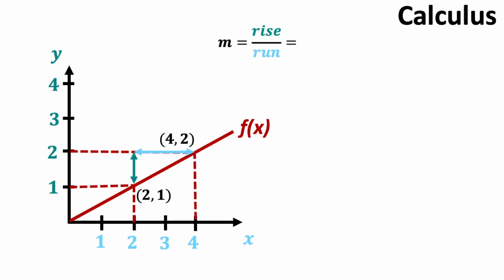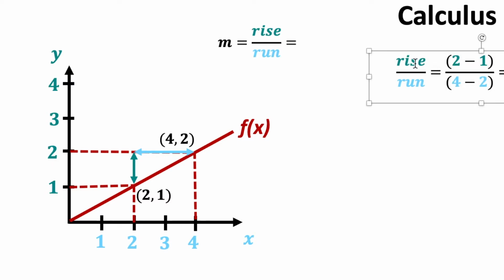So I'm going to show you how it goes onto the equation. So here 2 minus 1, you can see it's in green, so it relates to the rise or the y increase. And here we had 2 minus 1, so this here is our rise.